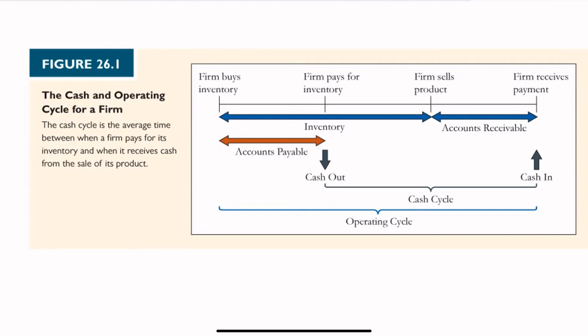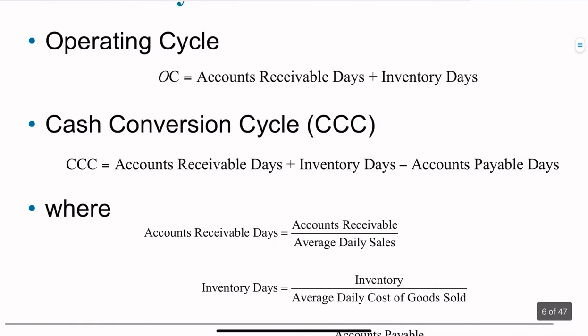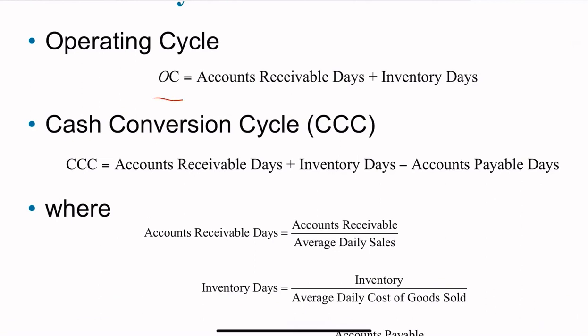Mathematically, cash cycle equals operating cycle minus accounts payable days, right? So we will have the following formula. As I said, operating cycle equals accounts receivable days plus inventory days.